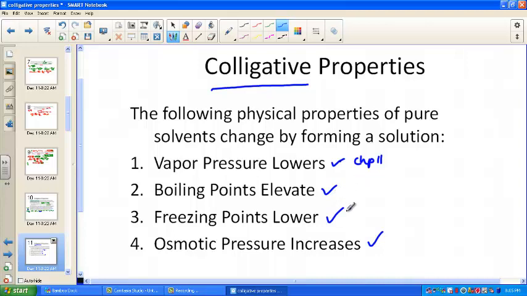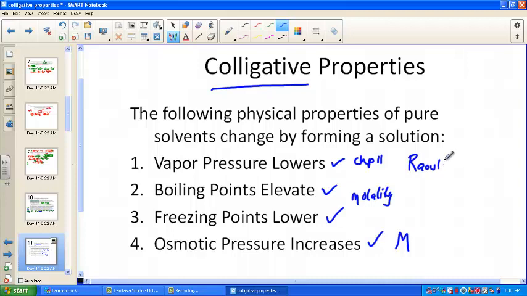Boiling point elevation and freezing point lowering, that's where our molality unit will come in. And osmotic pressure, if you've had biology and talked about osmosis, moving water across a semi-permeable membrane, that actually uses big M, molarity units. Vapor pressure, for our purposes, will not be a quantitative measurement.